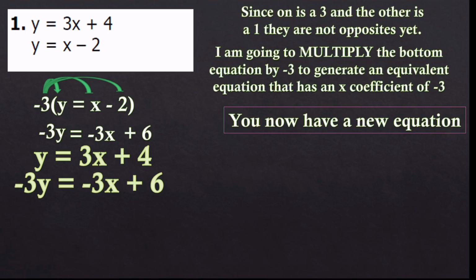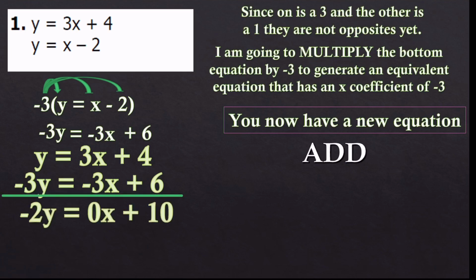Now that I have opposite coefficients, I am able to add these two together. Okay, so now I'm going to add them. If I add y and negative 3y, I get negative 2y. And then I add 3x and negative 3x, I get 0.